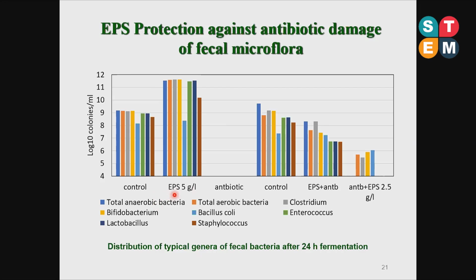But after we add EPS, the numbers were much higher for most of the bacteria species, the major bacterial groups. That means EPS can be nutrients for the fecal bacteria. Our later study also shows that EPS could be metabolized by the fecal bacteria. So you can see the numbers increase.